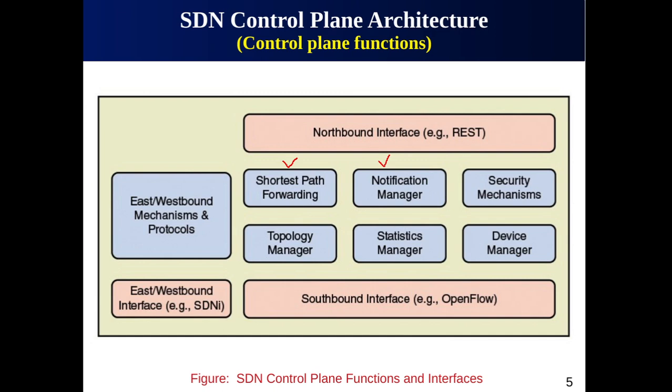So basically, what is the main functionality here? It receives, it processes, and it forwards events to an application. And that event could be like an alarm notification, something related to security, something related to privacy, something related to state change, and things like that. So it will notify the applications.